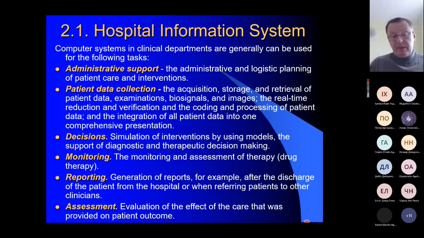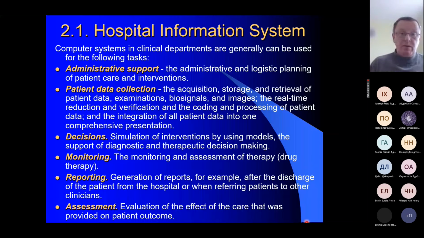Monitoring and assessment of therapy, application of therapy, creating reports, various quality assurance and assessment of treatment results, and so on. So here we place administrative support in first position.